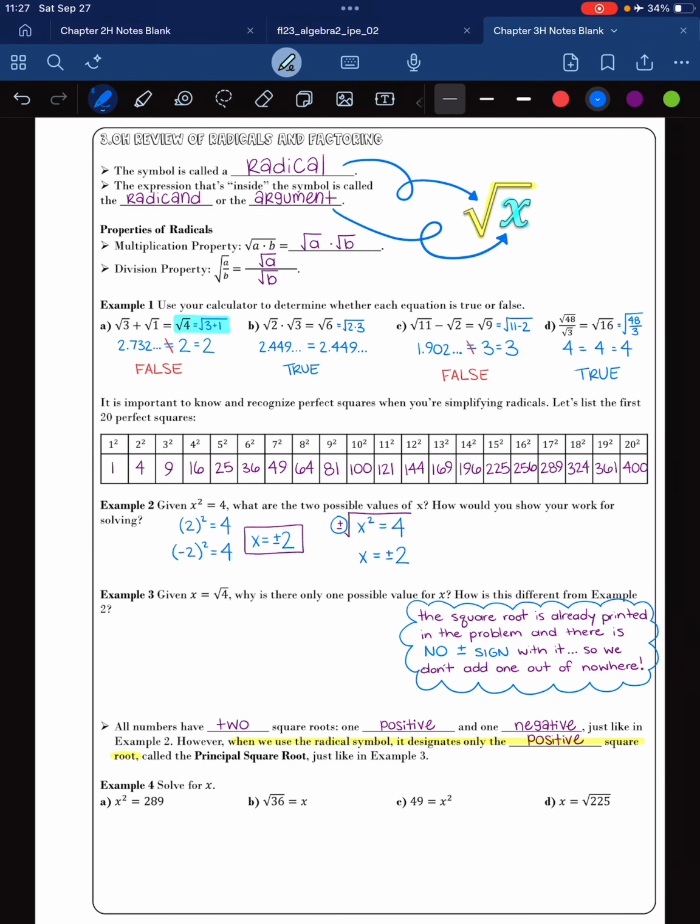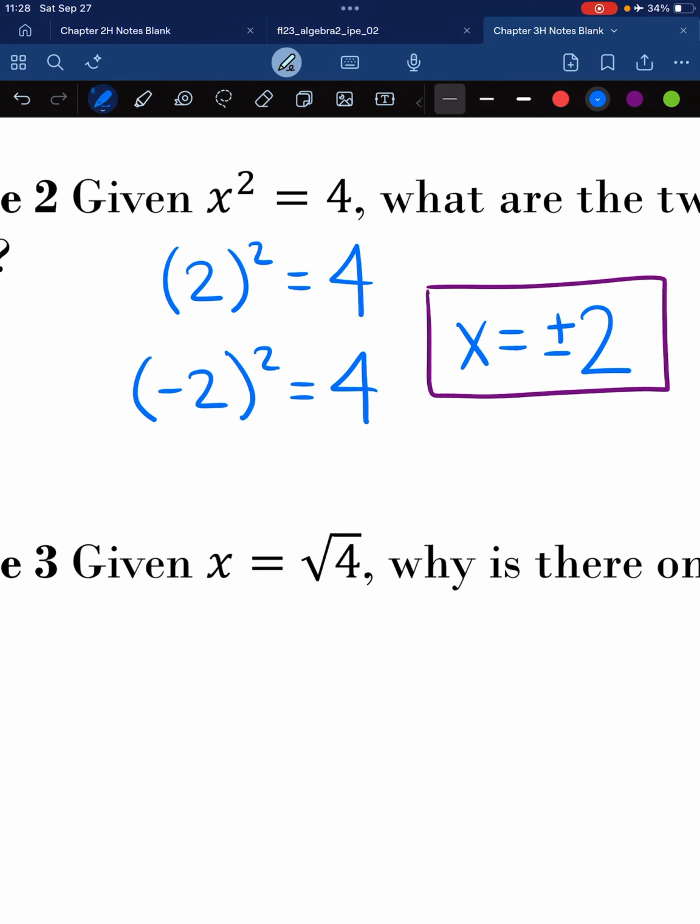Okay, this is different from the problem in example 3, which already starts with a square root. So notice it just says x equals the square root of 4. The only value of x here is positive 2. And let's talk about why. So if I simplify this, x equals 2.